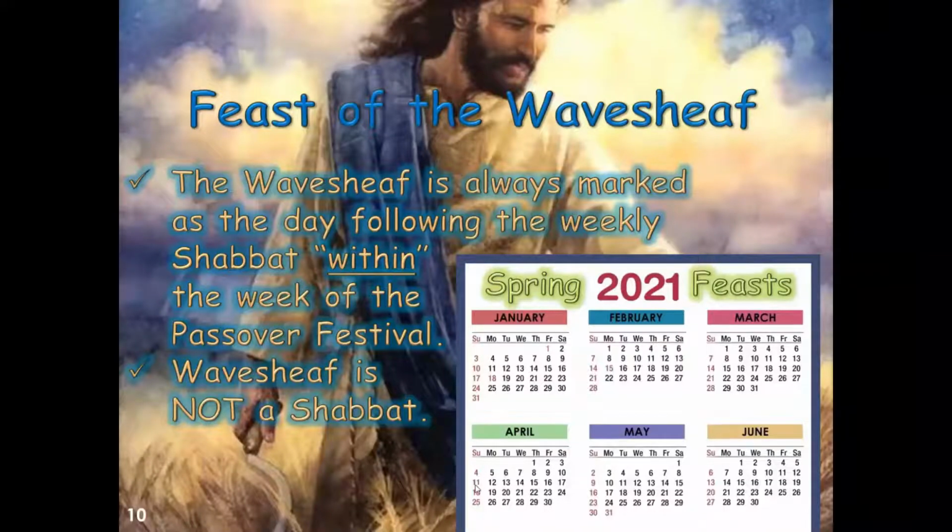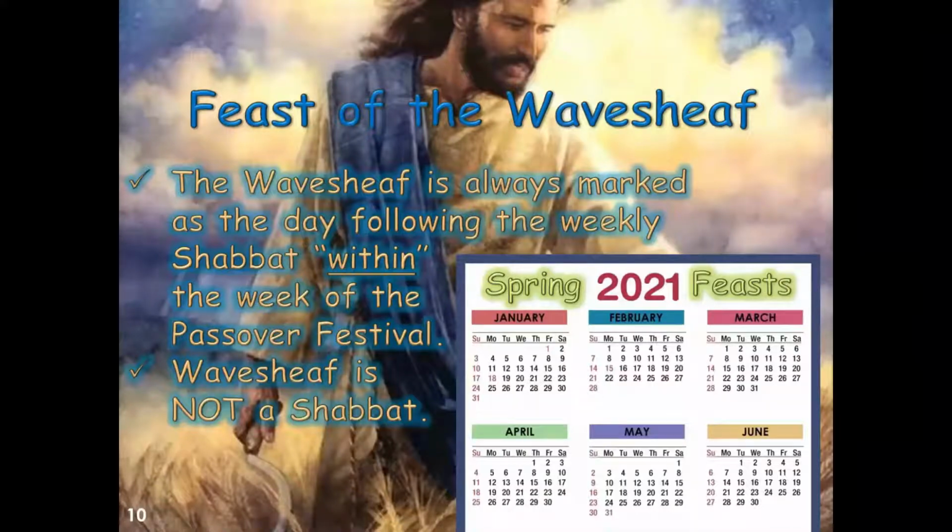Is the 11th inside the festival of Unleavened Bread, or outside of the festival? That's outside. So can it be on the 11th? No. You're correct. I got it now, because Wave Sheaf is always on a Sunday, right? So it's on the 4th, of course. Now I got it. Very good.